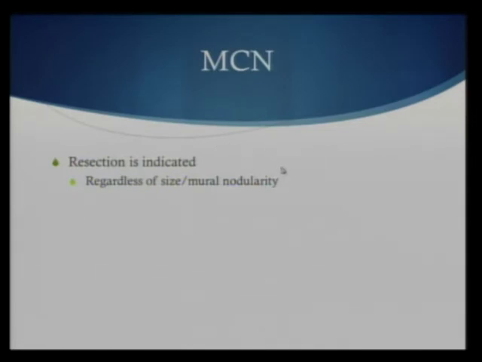Say somebody's diagnosed at age 40, they may still have another 35 to 40 years to live, and following them for 40 years is a problem. So even though the overall malignancy rate is low, the recommendation is to just proceed with resection of the MCN, regardless of the size or mural nodularity. So that's in regards to the cystic neoplasms.